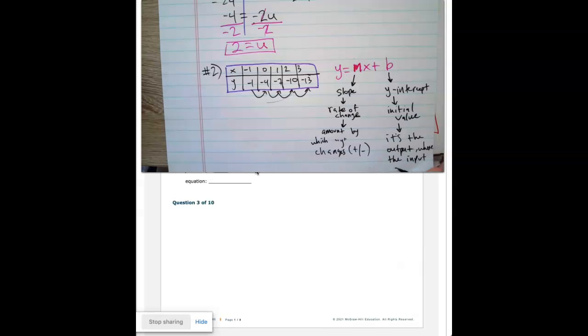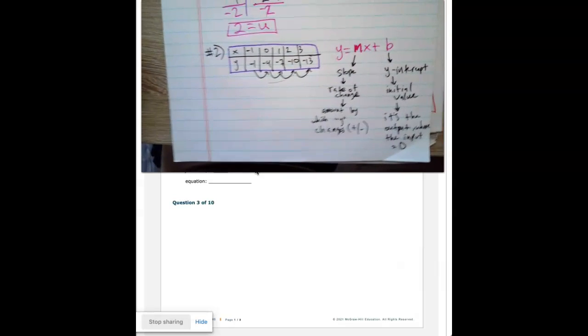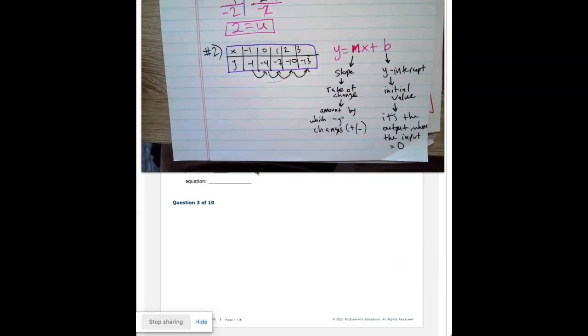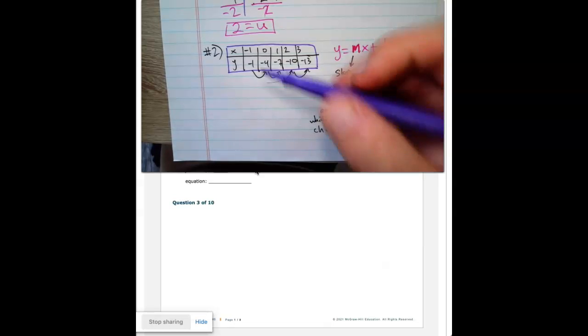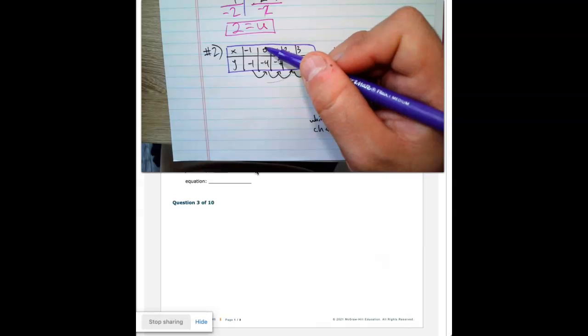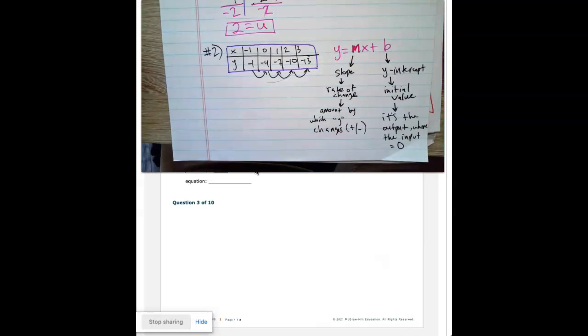So there's quite a few different thoughts, words, or phrases you can associate with the slope. Same thing with the y-intercept. You're looking where the input is 0, what's the output? And you're also looking to see by how much the y's are changing.